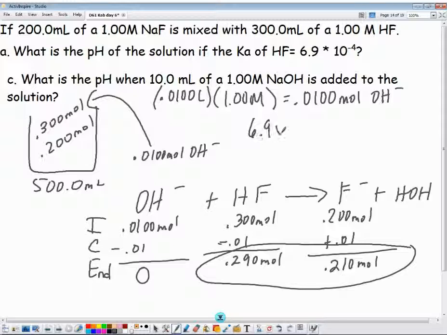So I come up here and I say Ka times the acid part, 0.29, over the base part, 0.20, equals H plus. I added an OH minus, so my pH is going to be a little bit higher than it was originally. That is going to equal H plus, and all I have to do is minus log my H plus.